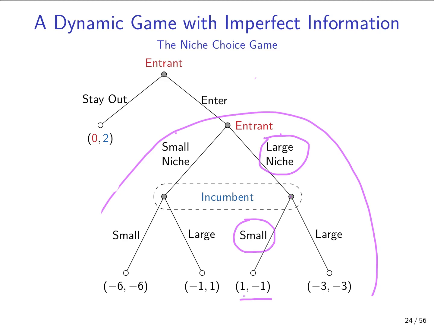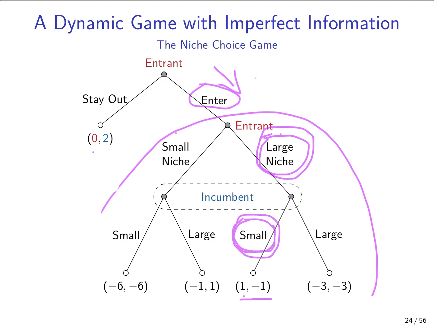In this case, the entrant would get 1 in this subgame. Compared to getting 0 from staying out, the entrant would choose to enter. So another subgame perfect Nash equilibrium is that the entrant would choose to enter, and after entering, the entrant would choose the large niche, and the incumbent would choose the small niche.